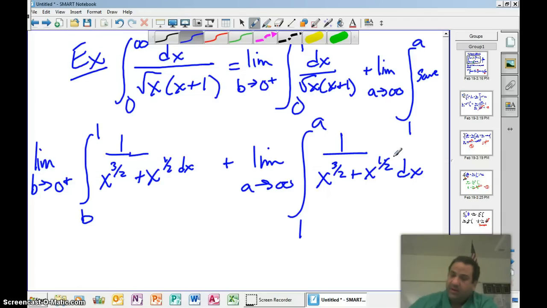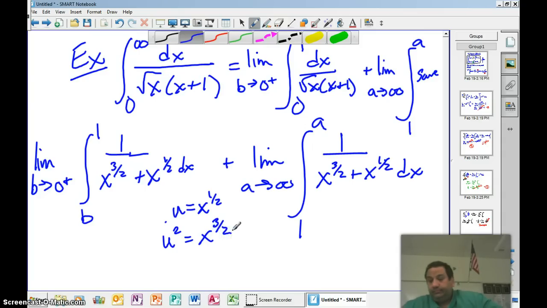Now, when I go ahead and do this problem, if I'm right, I look, and if I say that u is x to the 1/2 power, check this out. U squared then would be x to the 3/2 power. Agreed?